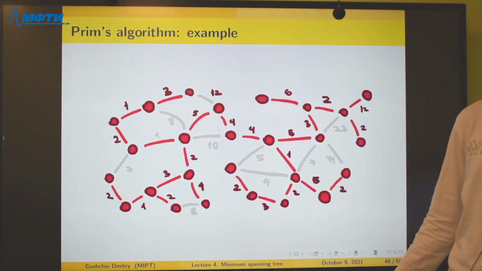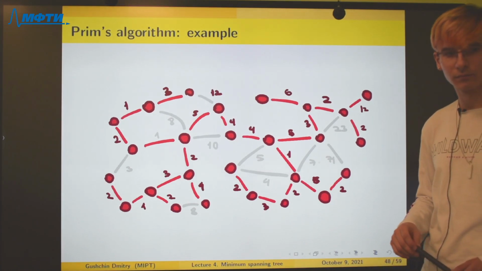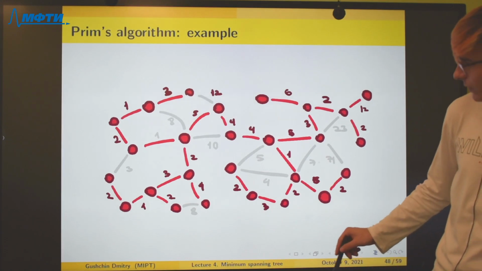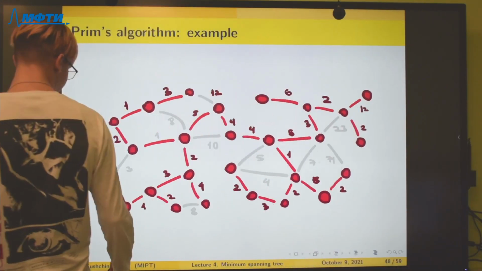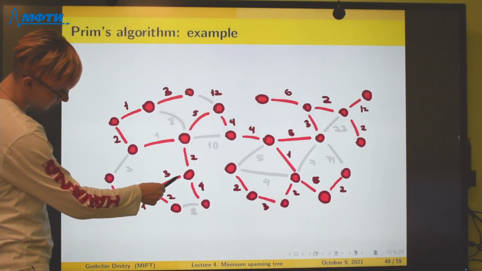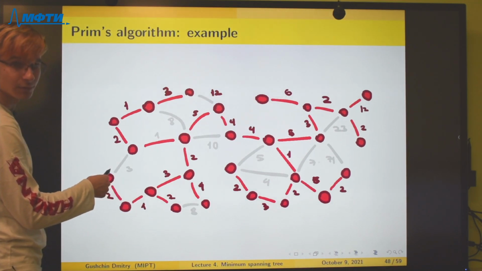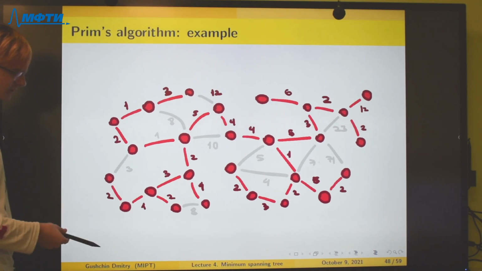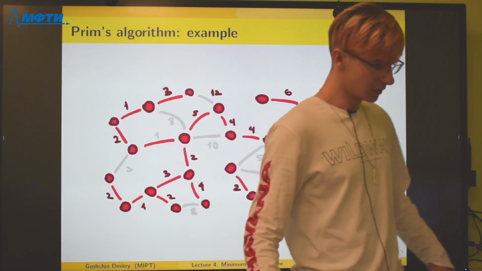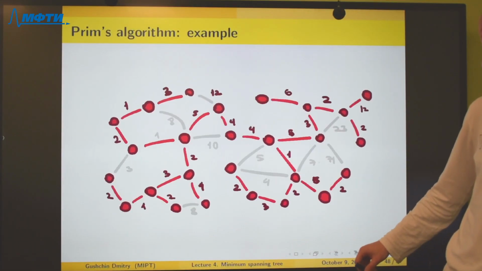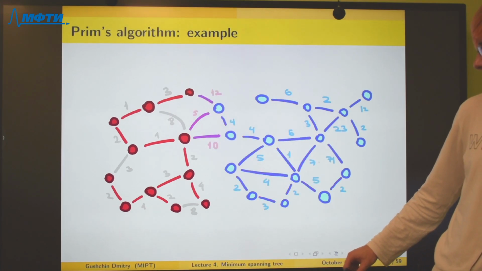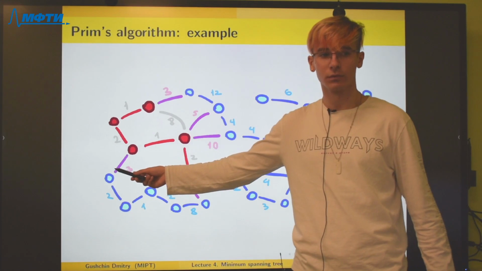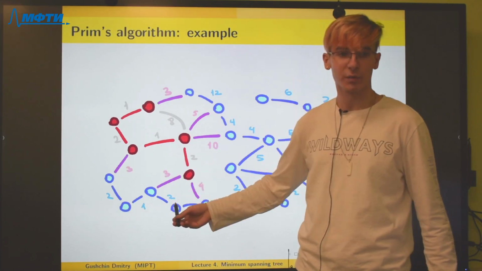So if the sort changes, we might get a different one. Yeah, of course. And if you see, for example, in this minimal spanning tree, you can choose not this edge but this edge. You can swap these two edges and you get another minimal spanning tree. And of course, if in this step you choose this, you get another minimal spanning tree.